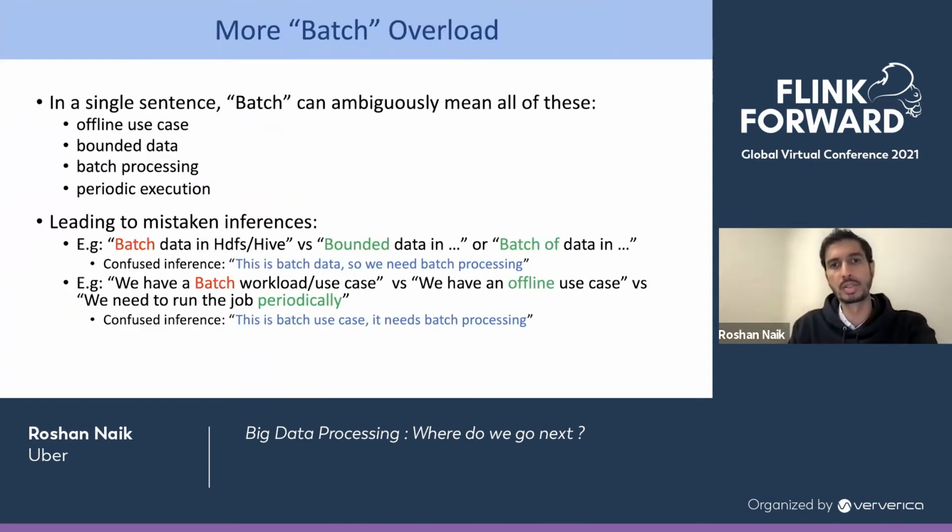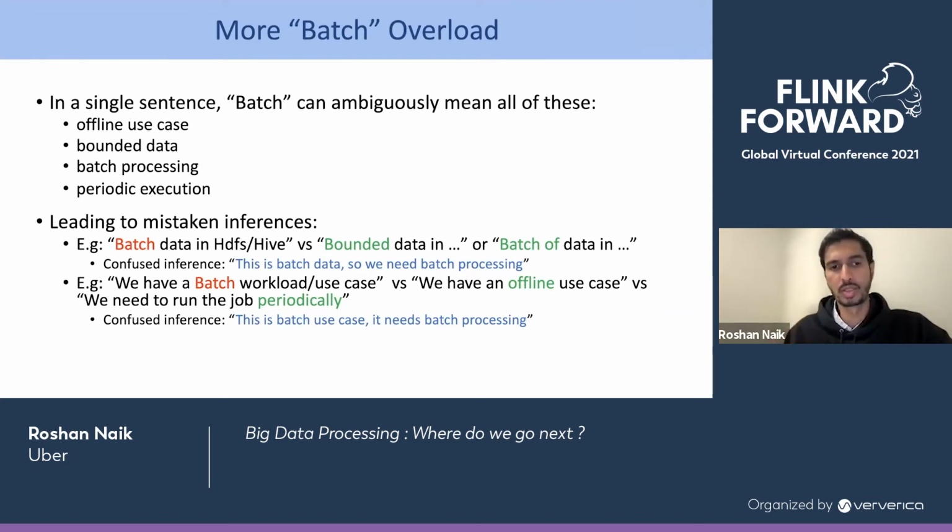There are additional meanings for the word batch, which can lead to additional ambiguity and faulty inferencing. For example, the word could mean an offline use case, it could mean bounded data, it could mean batch processing, it could mean periodic execution as well.